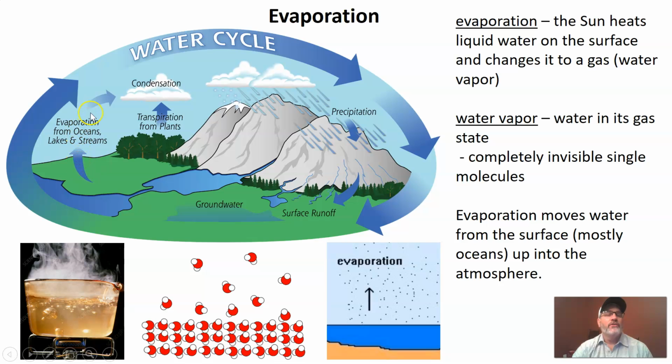So evaporation is able to take water from the oceans and from anywhere else on Earth, and put it back up into the atmosphere. For most people, they like to imagine that evaporation is kind of the beginning of the water cycle, although we can start anywhere in the cycle. All right, so evaporation: heated water moves from liquid to gas form, and this evaporation is going to move water up into the atmosphere.